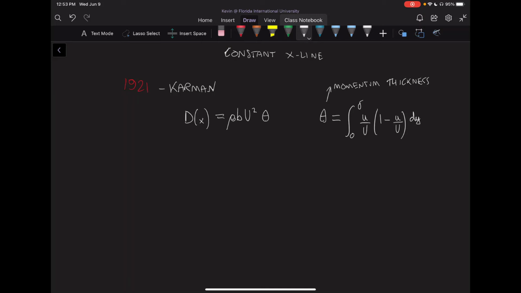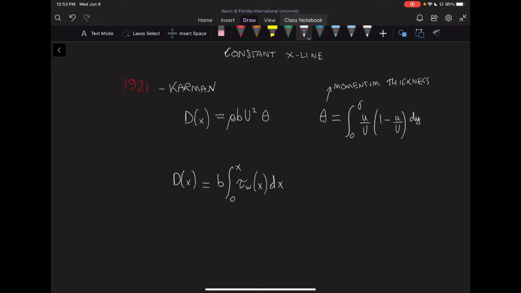And what he also found out was that the drag also equals the integrated wall shear stress. So if you take all the shear stress on the wall, you can also say that the drag from a different perspective is equal to b times the integral from 0 to x of tau w as a function of x dx. So if you sum all the wall shear stresses, you would get an equation for the drag.